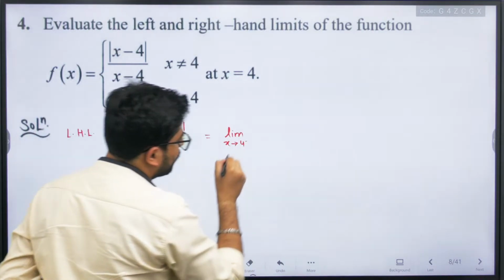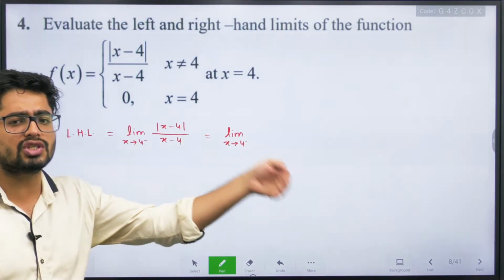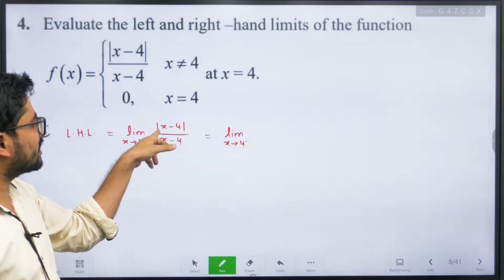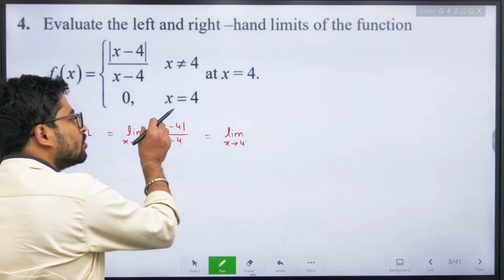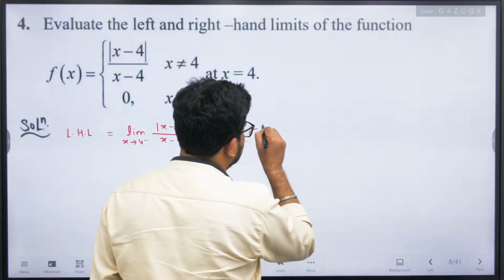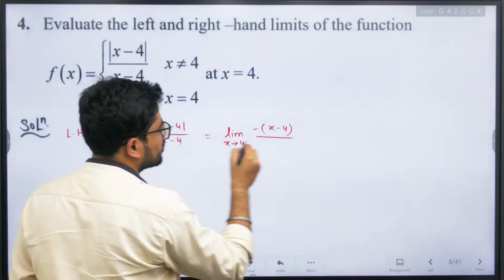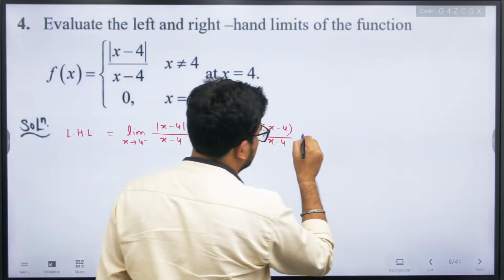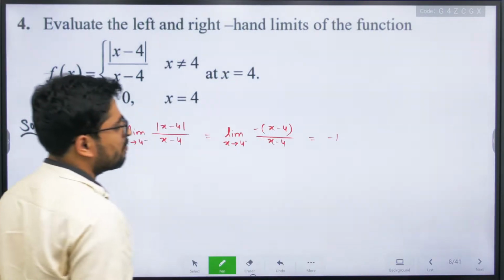Whenever x is 4 minus, x approaches 4 from the left hand side, so x minus 4 is negative, for example 3.999 minus 4. Modulus of a negative opens with the negative sign, so this is minus of x minus 4 divided by x minus 4. You can cancel x minus 4 with x minus 4, so the remaining thing is minus 1.